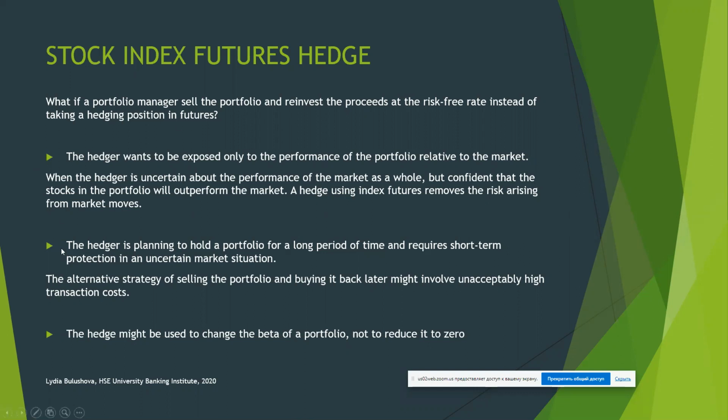Okay, so the hedger wants to be exposed to the performance of a portfolio relative to the market. When there is a certain level of uncertainty about the market, but there is strong confidence that particular assets will outperform the market, we can use this type of hedge to remove the risk from market moves.